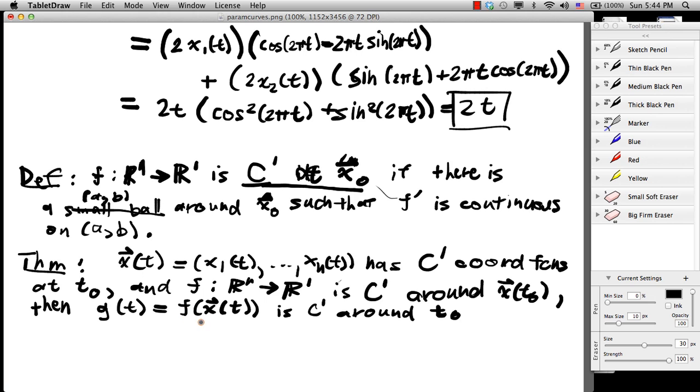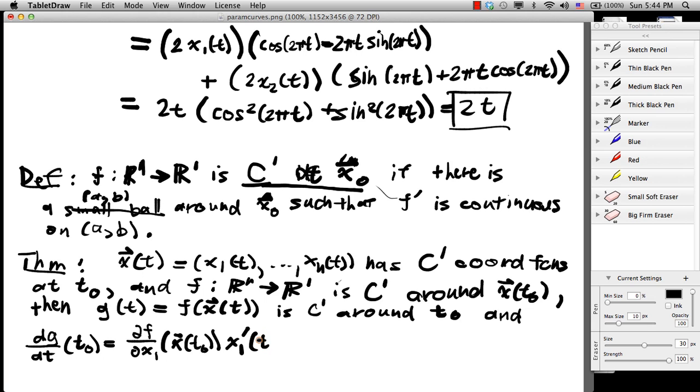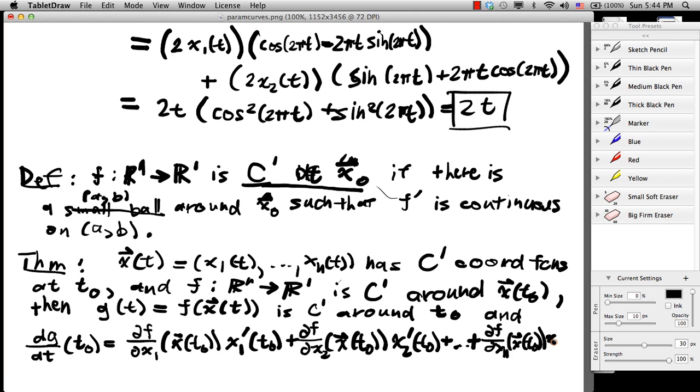This is an R1 to R1 function, and dg dt of t naught is equal to, and this is the chain rule, partial of f with respect to x1 evaluated at x of t naught, times x1 prime, the derivative of the first coordinate function evaluated at t naught, plus df dx2, still plugging in the same point, times x2 prime of t naught, plus, and we do this for all n coordinates, df dxn of x of t naught times xn prime of t naught.